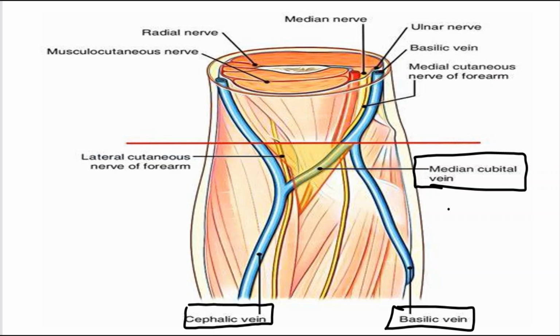They form an H. They communicate in the cubital fossa via the median cubital vein. This vein is very important for IV access and also for drawing blood in a patient.